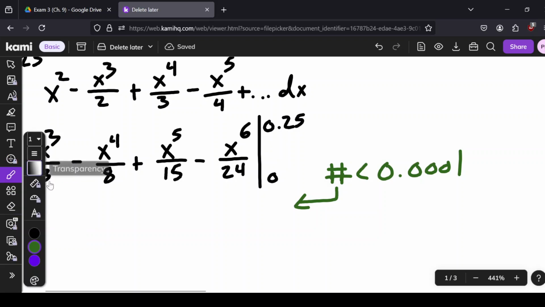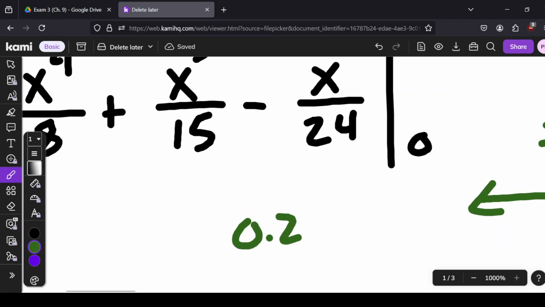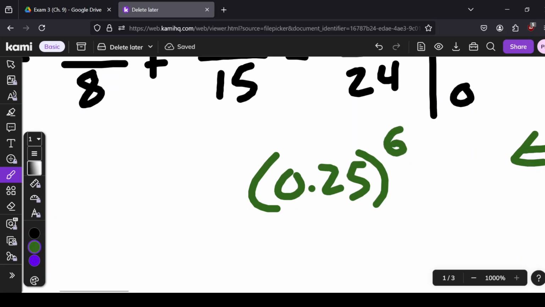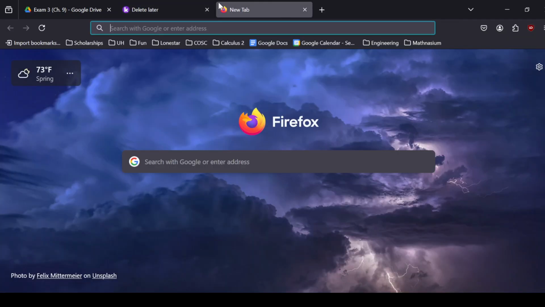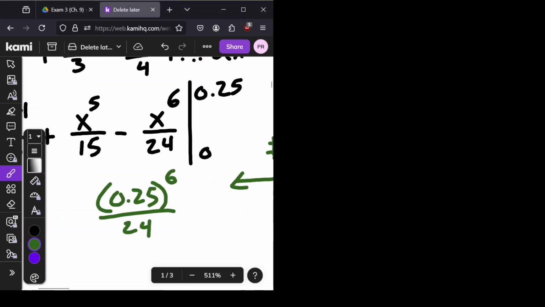So I guess we'll start with the 6th. So we have 0.25 to the 6th over 24. And I'm not going to do any crazy arithmetic. Let's just make this easy on ourselves.